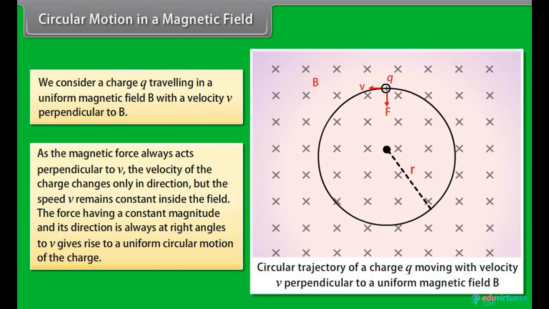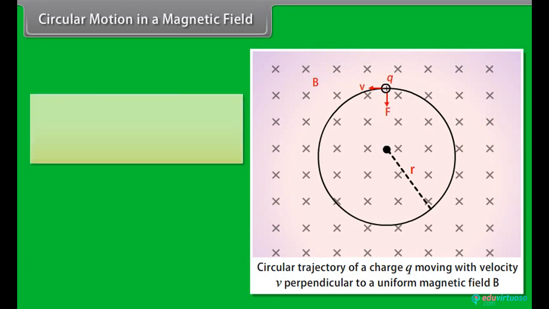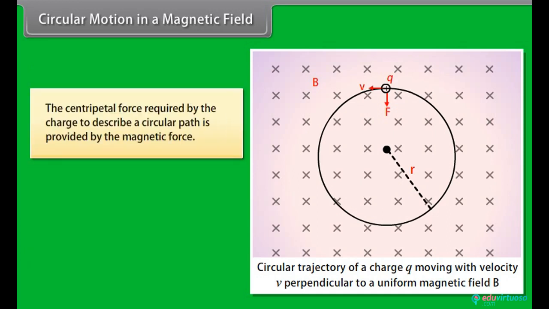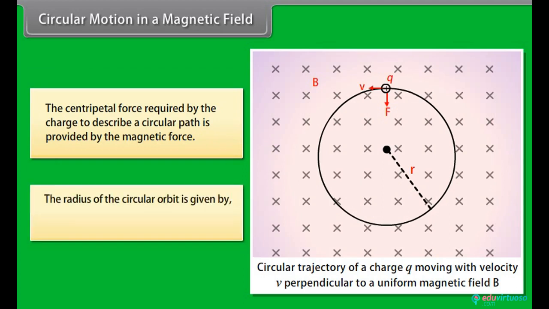The force having a constant magnitude and its direction is always at right angles to v gives rise to a uniform circular motion of the charge. The centripetal force required by the charge to describe a circular path is provided by the magnetic force. The radius of the circular orbit is given by mv divided by qB.